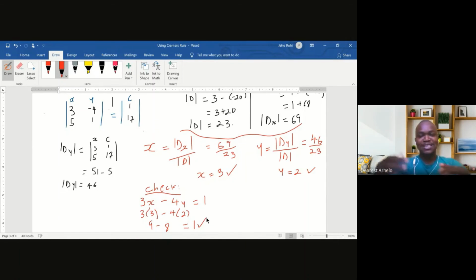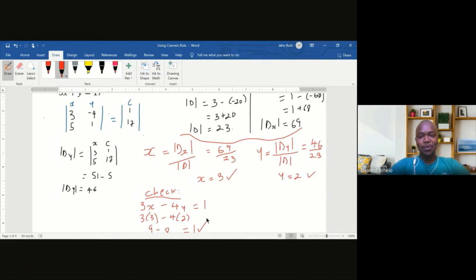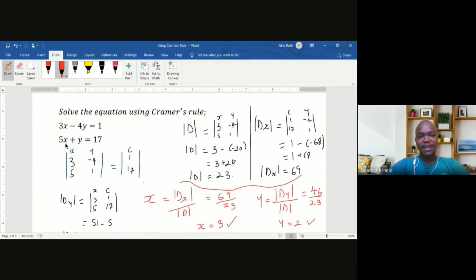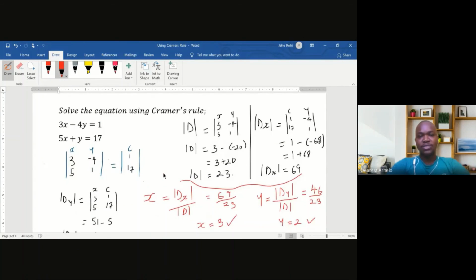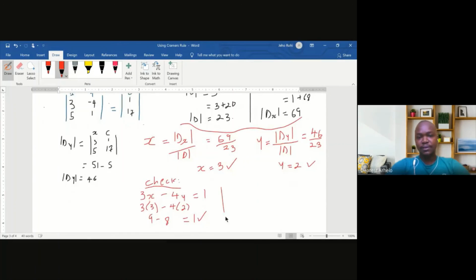If you are still doubting, we can check it with the second equation, which is 5x plus y equal to 17. Let's see if our answer is correct.